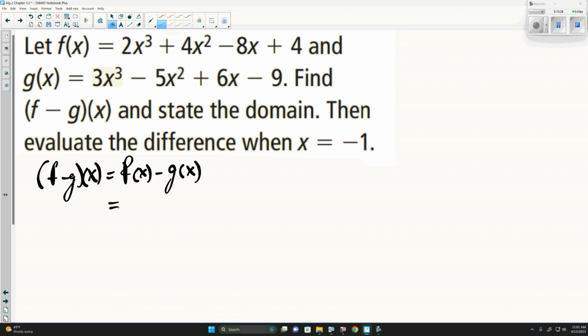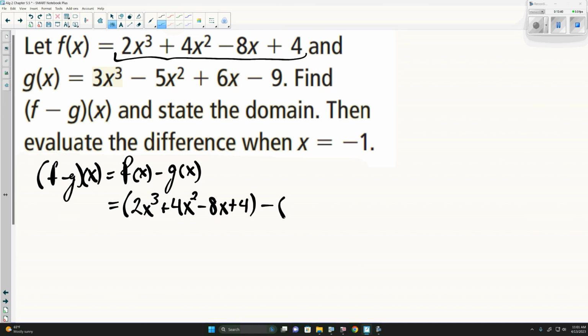So we're going to replace f of x with what it's equal to: 2x cubed plus 4x squared minus 8x plus 4. And we're subtracting from it g of x's function, which is 3x cubed minus 5x squared plus 6x minus 9.